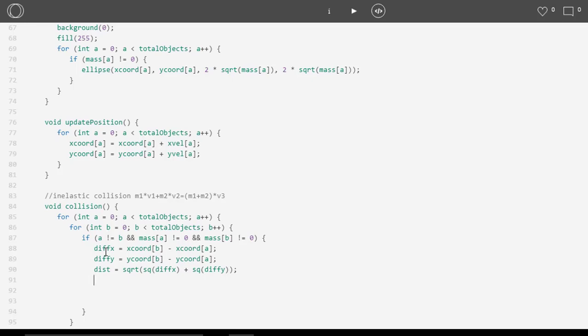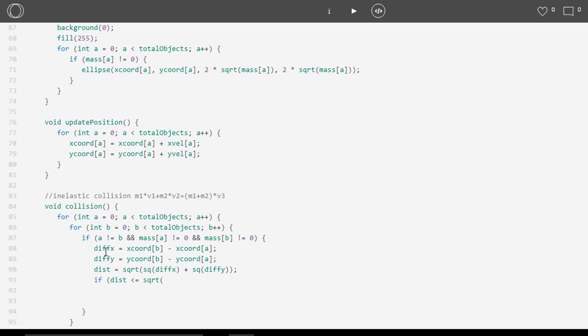Well, we better see if this distance is less than or equal to, let's see, what do we need to figure out? The radius of our objects. Well, we calculated the radius to be the square root of the mass, because we're considering area.